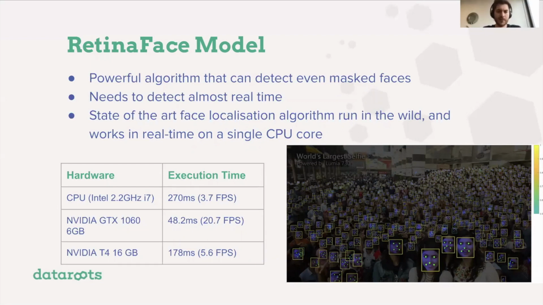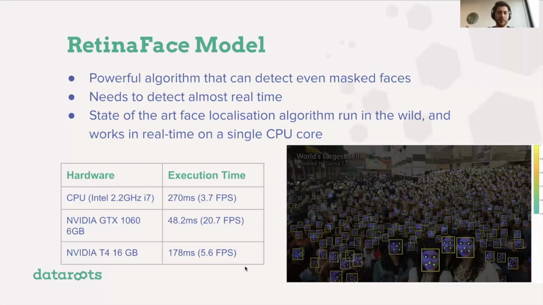Within this context, we did a literature search, and we found that the RetinaFace model satisfies these two requirements. The RetinaFace paper states that it's a state-of-the-art face localization algorithm that runs in real time on a single CPU core.